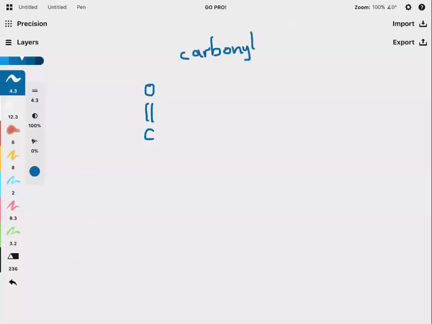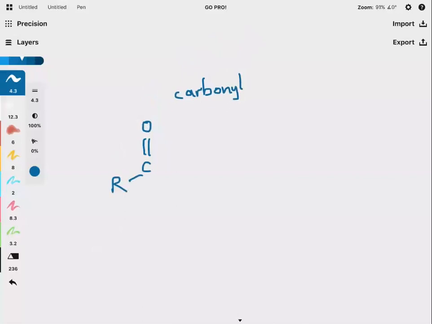C-A-R-B-O-N-Y-L, carbonyl group. And let's say the carbon has some kind of R group that is attached to it. And by R, we mean anything.